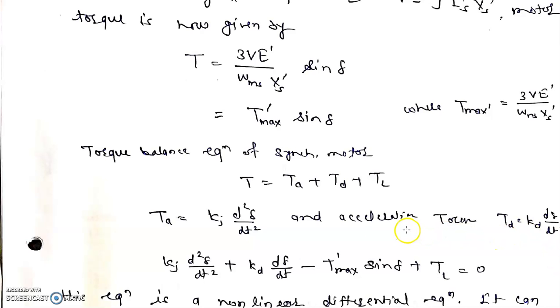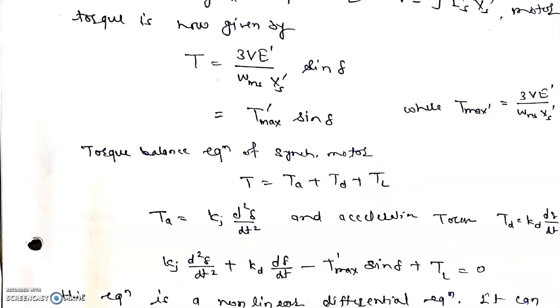Putting these in, we get Kj d square delta upon dt square plus Kd d delta upon dt minus T max dash sin delta plus TL equals 0.